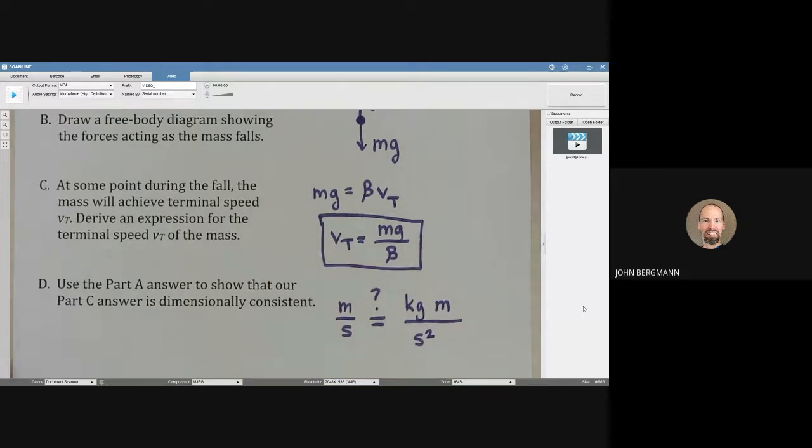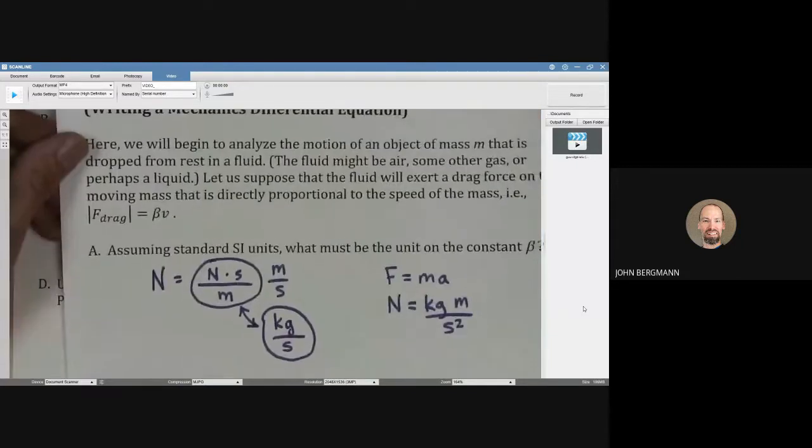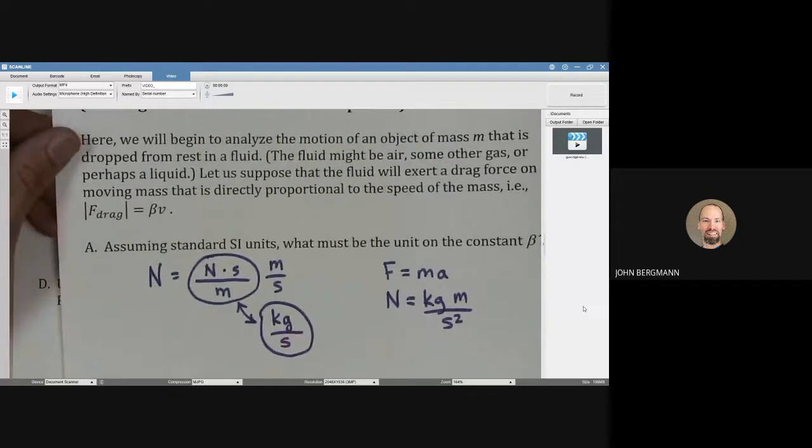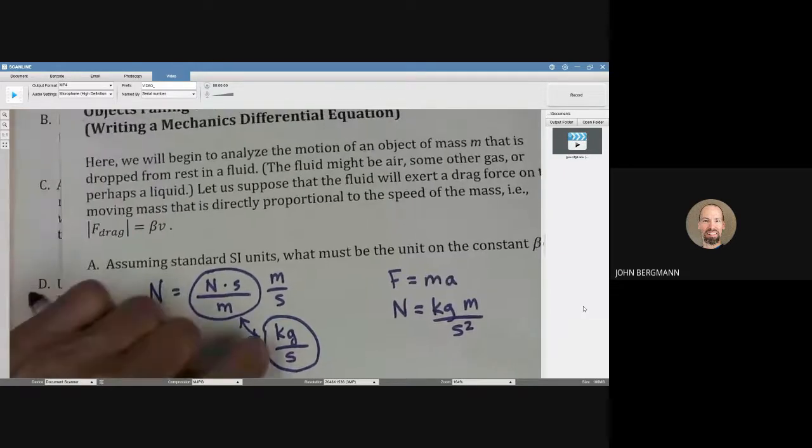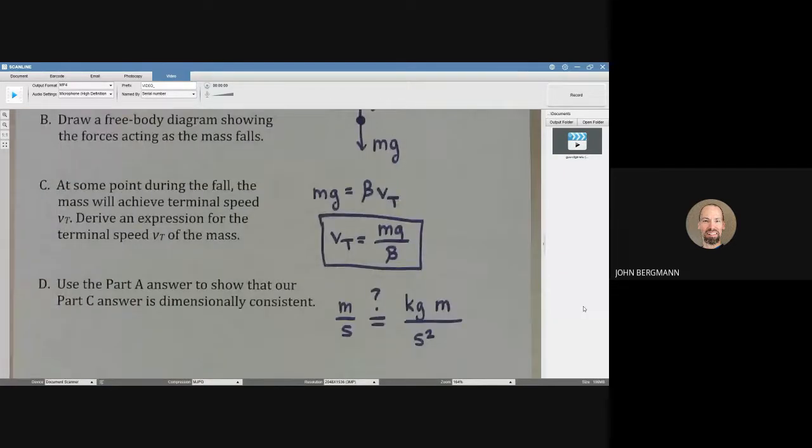Let me pull that sheet up here. Beta is either Newton seconds per meter or kilograms per second. Either one, those are the same. Let's use the kilograms per second one. If beta is kilograms per second and beta is in the denominator here, then what cancels? Kilograms cancels, seconds cancels. Look at that. Looks good. Give ourselves a smiley face right there.